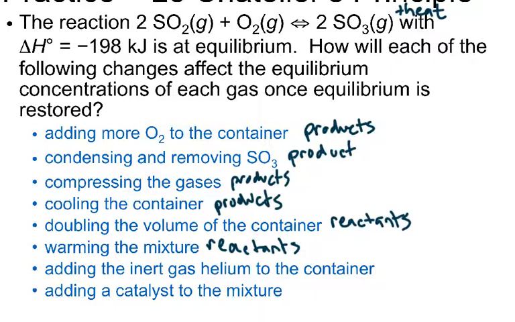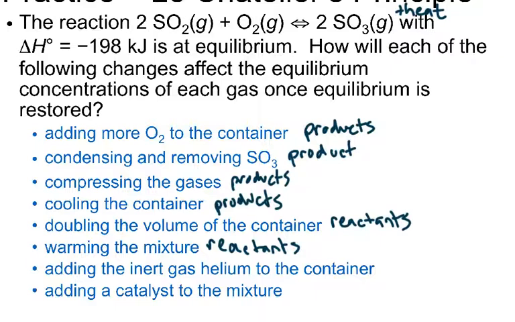This one's always a little tricky. Adding the inert gas helium to the container. That's going to increase our overall pressure, but it is not going to change our partial pressures. Our partial pressures will stay the same because adding an inert gas, while it will increase the total pressure, is not going to change the volume or the number of moles or any of that.